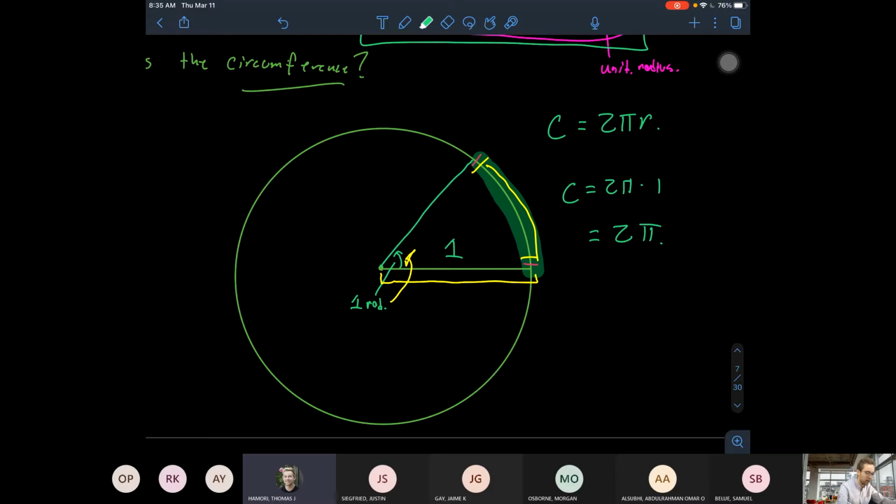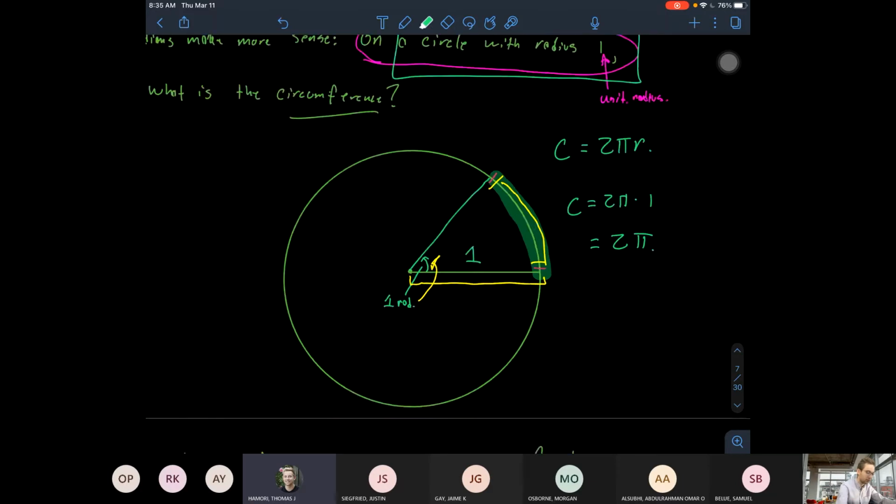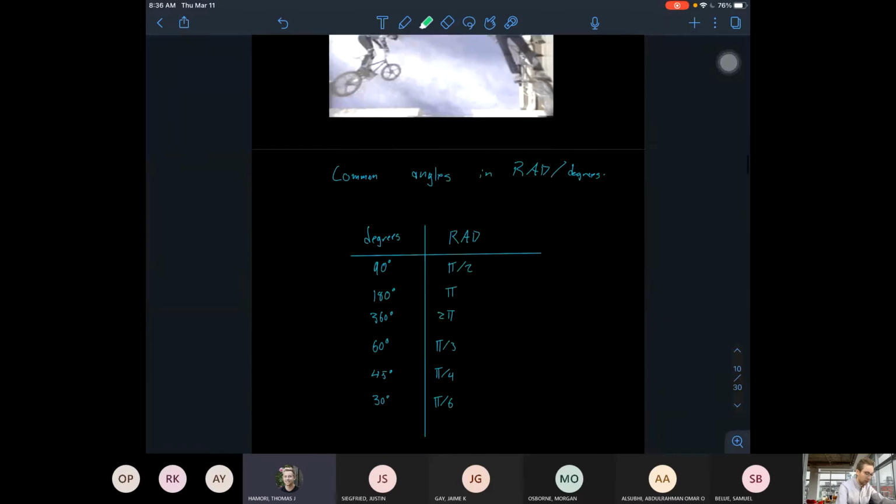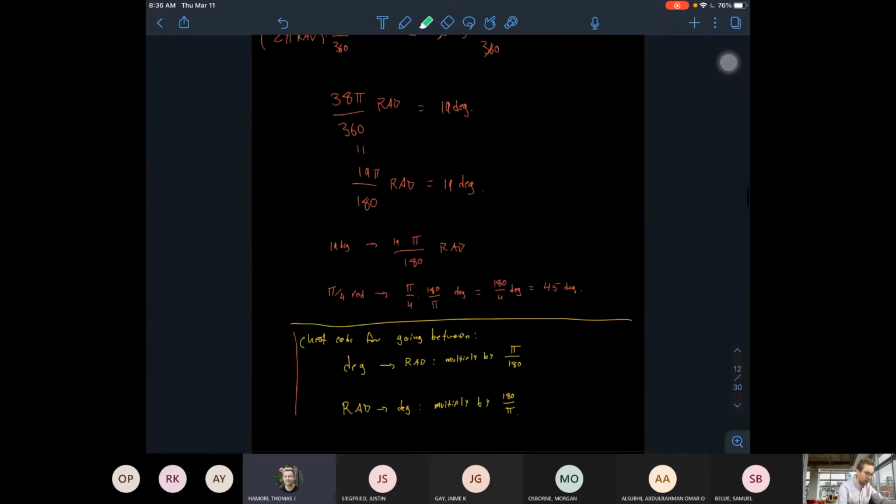Okay, so 1 radian gives an arc length of 1. Then we talked a bunch more about angles and how to convert between them.